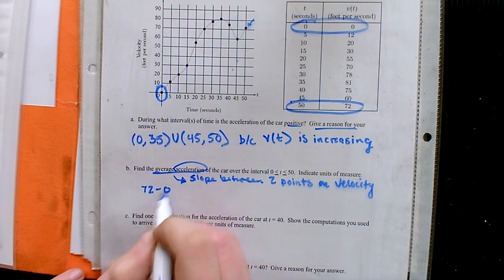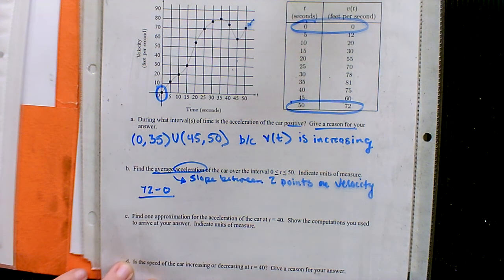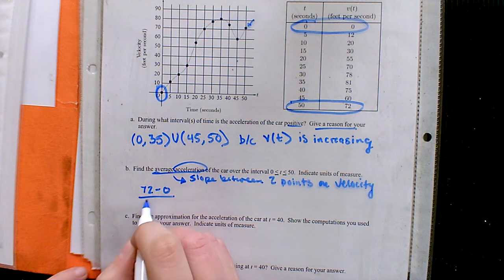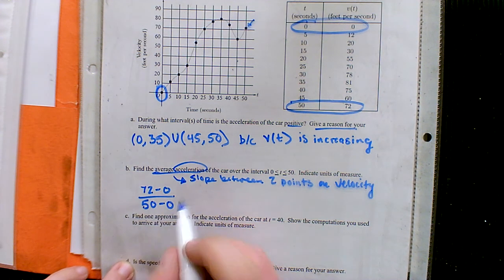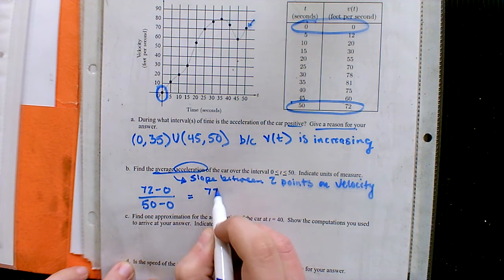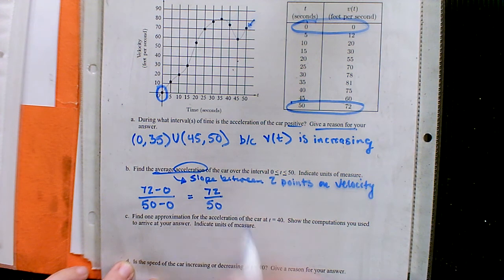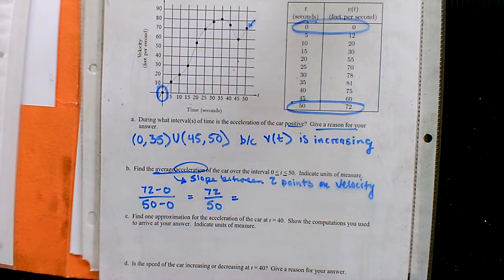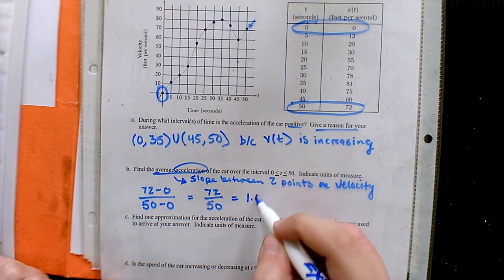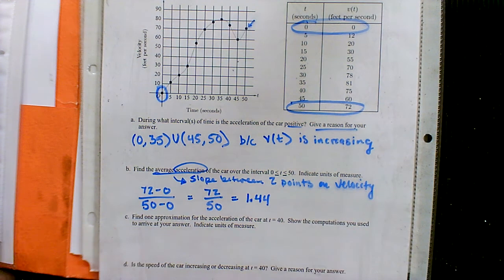So we'll do change in y's over change in respective x's. All right, 72 over 50. You can leave it like that. You can simplify it. If you want to type it into your calculator and get a decimal, you can do that too. Okay, 1.44.